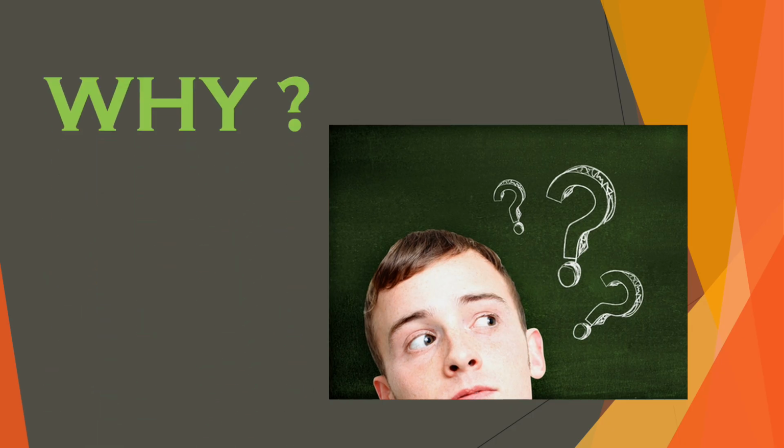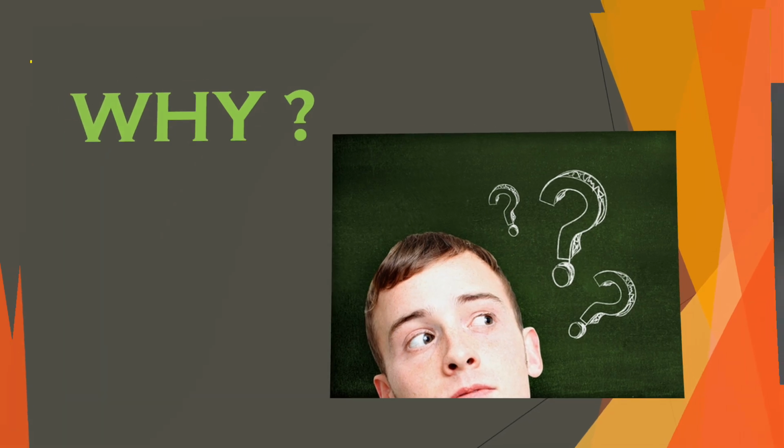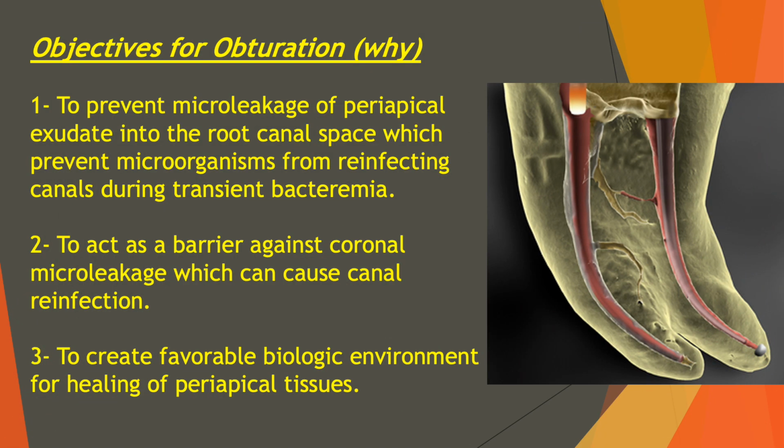So, why are we doing obturation? This is the first important question we have to think of. The first thing is to prevent microleakage from the periapical exudate into the root canal space.